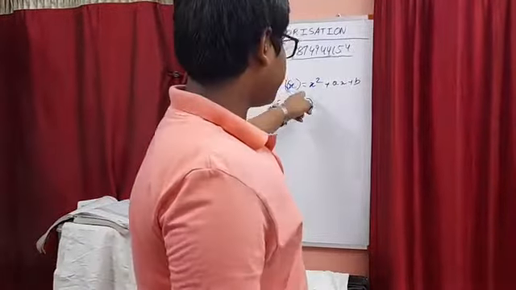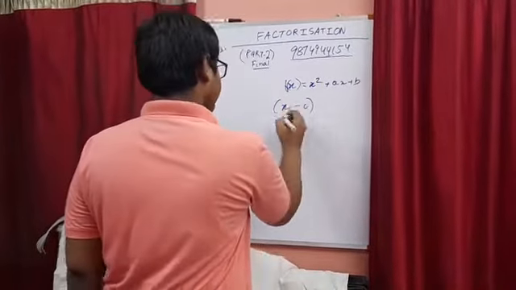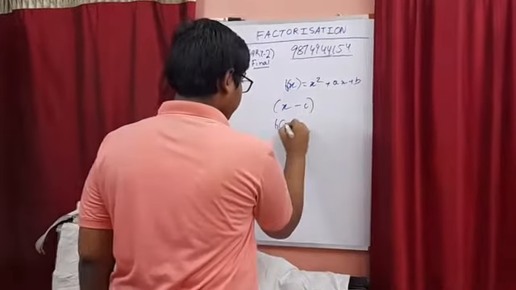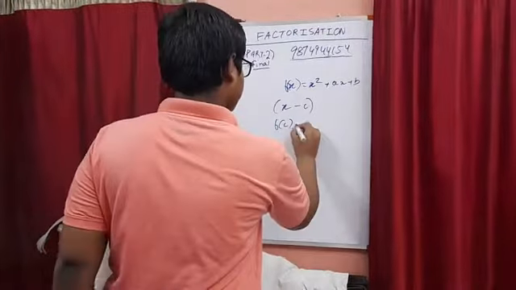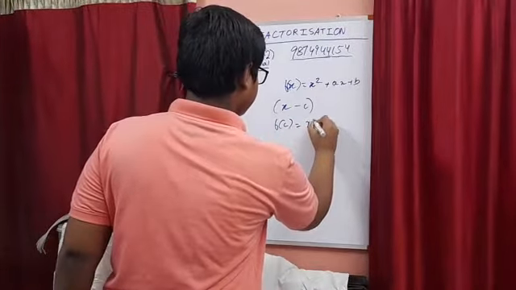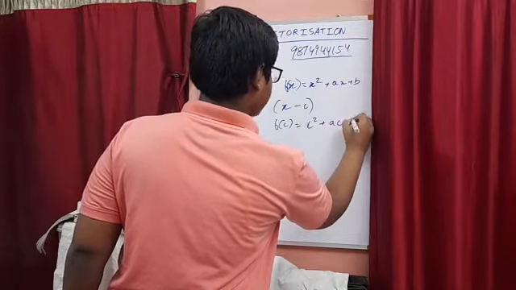Now thus, we put the value of c in this equation, which will become f(c), which is the remainder of the equation, is equal to c squared plus ac plus b.